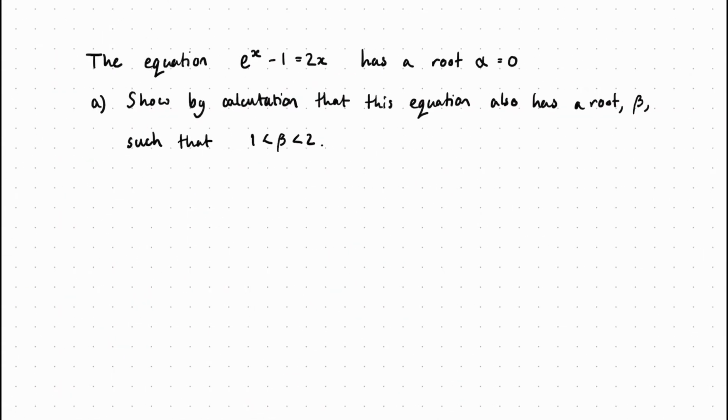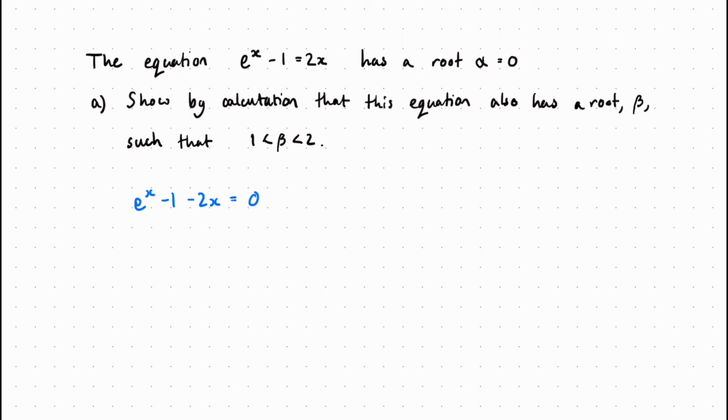Starting off with part A, we're going to show by calculation that this equation has a root beta such that beta is greater than 1 but less than 2. So to do this, you say e to the x minus 1 minus 2x is equal to 0.